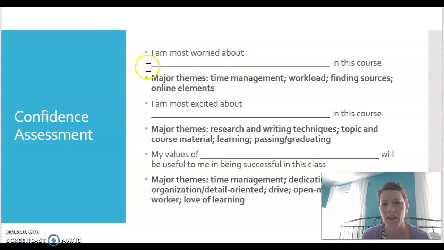So for instance, if I read "I'm most worried about," I might highlight major themes around time management, workload, the ability to find sources, so on and so forth. The most excited: research and writing techniques, topic and course material, so on and so forth.